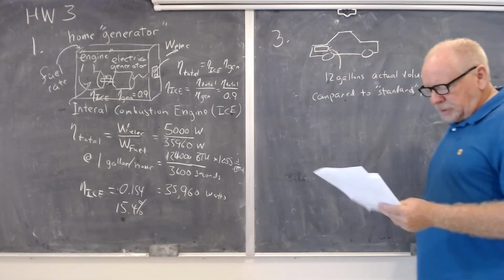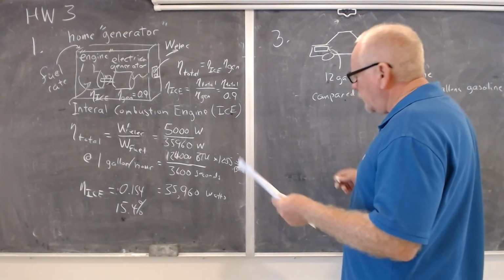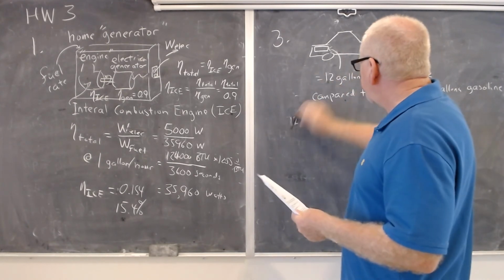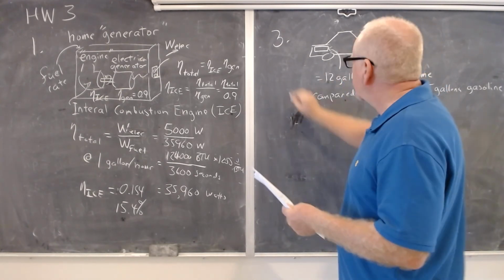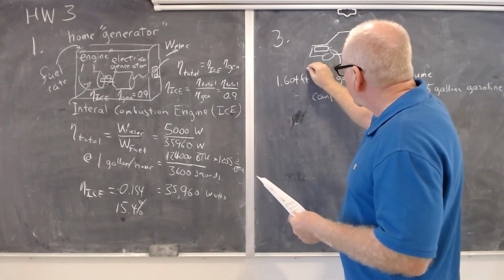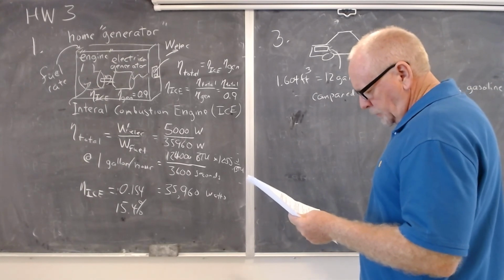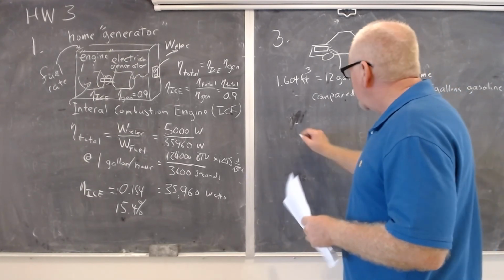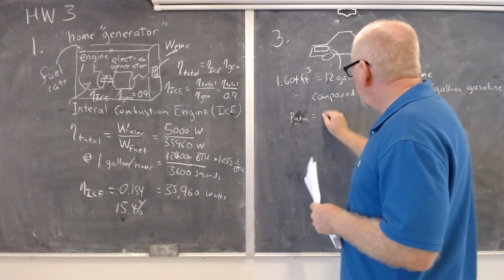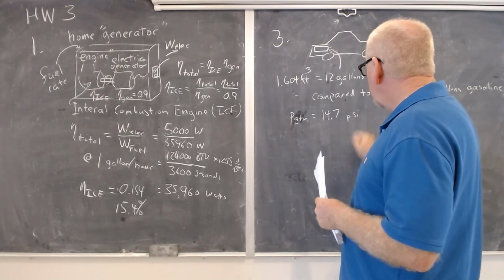All right, and so it's a simple problem now, because 12 gallons is equal to 1.604 cubic feet. You just do that conversion, and atmospheric pressure is 14.7 psi, pounds per square inch.